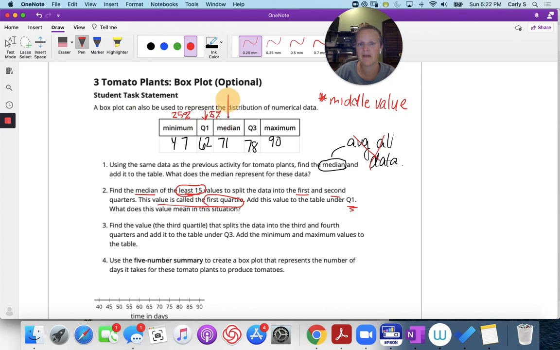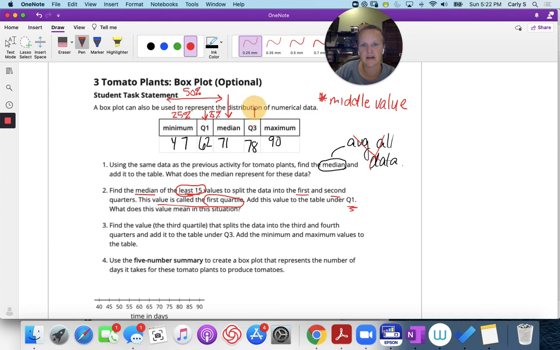And then we have the median. So that means this is actually 50% of the data, because 25 plus 25 is 50. All right, then find the third quartile that splits the data into the third and fourth quarters and add it under Q3.